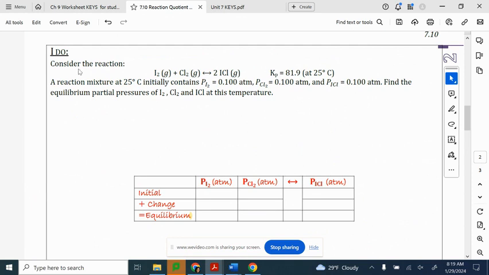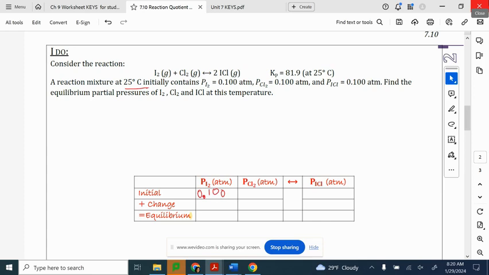All right. So we've got a reaction mixture here at 25 degrees Celsius. Initially it is going to contain I2 at a pressure of 0.1 atmospheres. So we are going to put our initial pressure here.